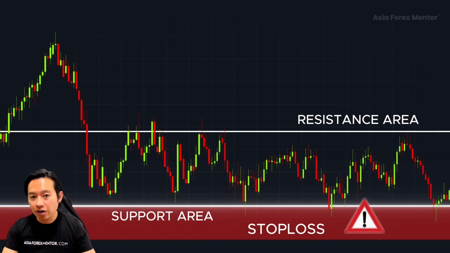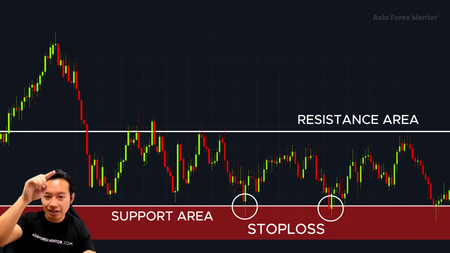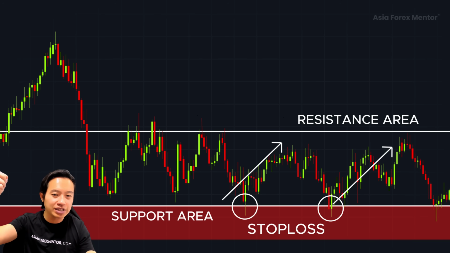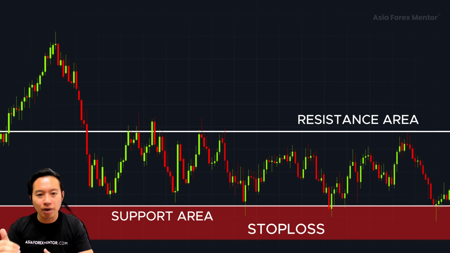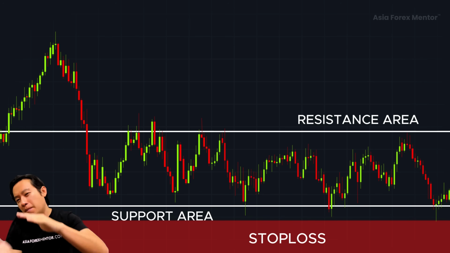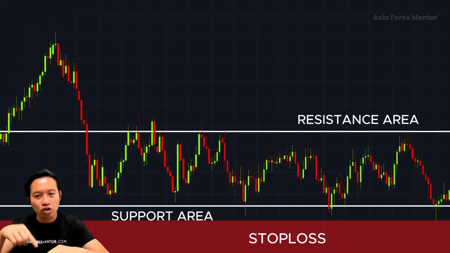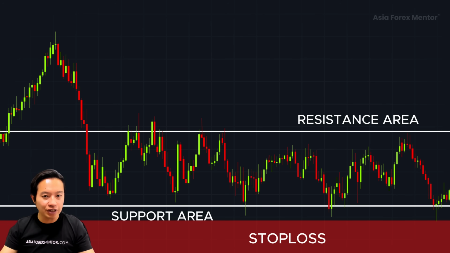So when setting a stop loss as a swing trader, avoid placing your stop loss directly at the support level, as price often dips briefly below it before reversing back upwards. Therefore, to prevent being stopped out by this kind of forced breakout, give your stop loss some buffer to account for these short-term fluctuations at the area itself.